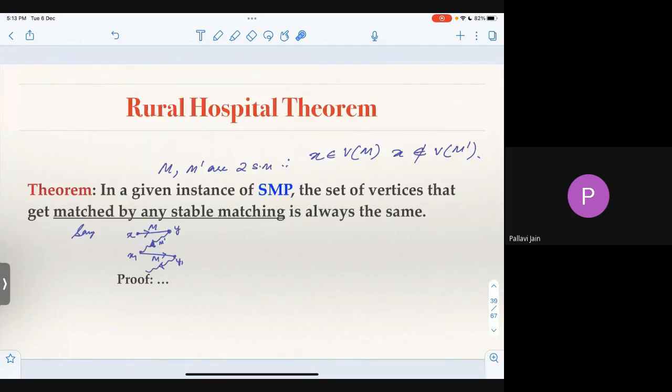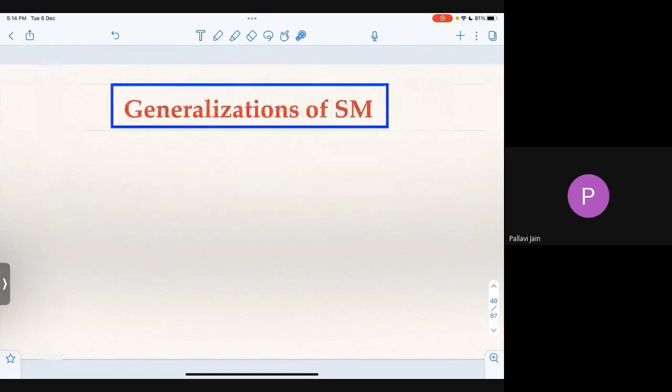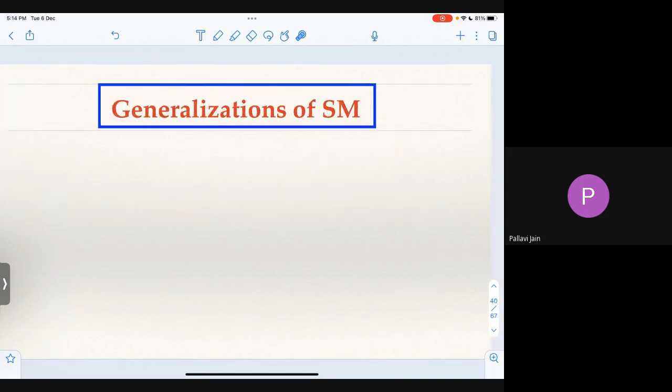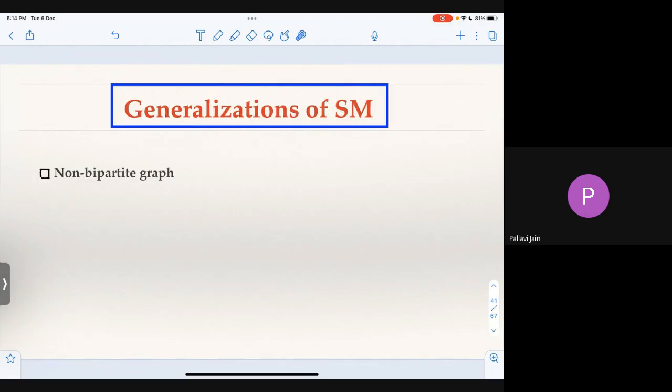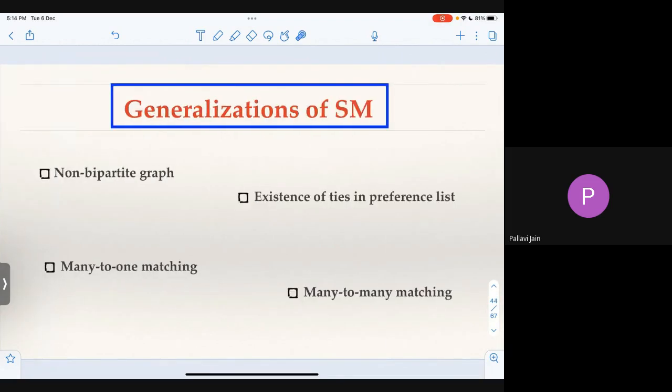Okay. So now I'll just say a few more things. So the marriage case was the simplified version of the hospital residence matching problem. It was a one-to-one setting. So the initial situation in which stable matching arose was the more generalized setting. So the test case was this one, many-to-one matching.